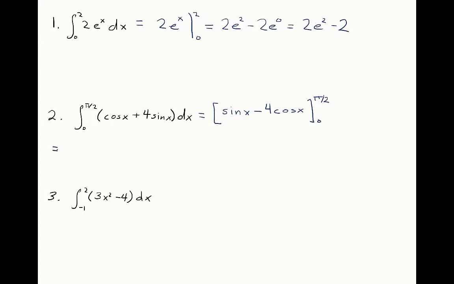Okay, so let's plug that in. So we have the sine of pi over 2 minus 4 times cosine of pi over 2. And then we subtract sine of 0 minus 4 cosine of 0.